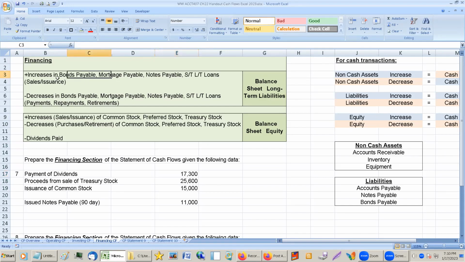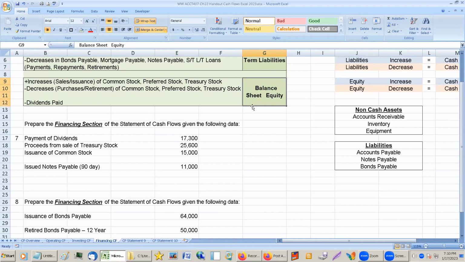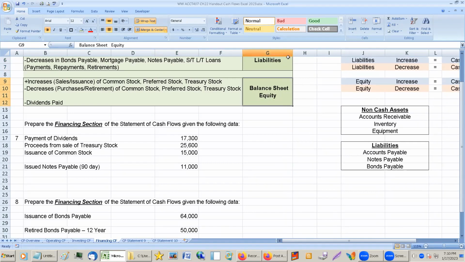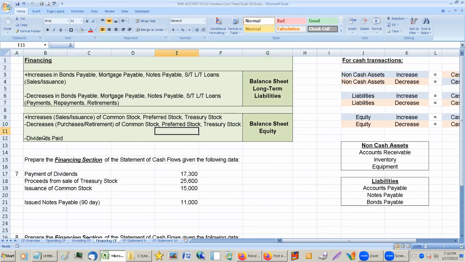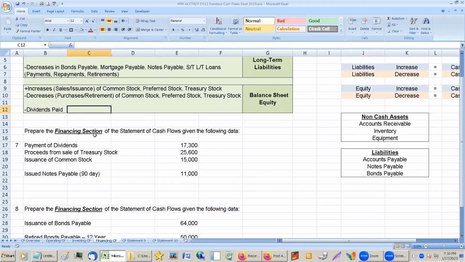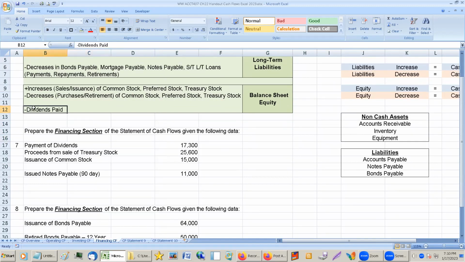Okay, financing section. Long-term liabilities and the equity section. And also dividends. Dividends basically come out of retained earnings.